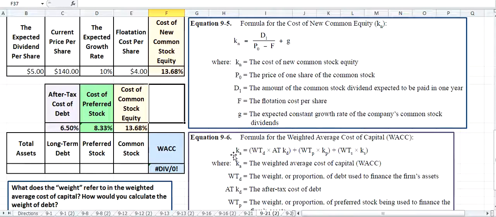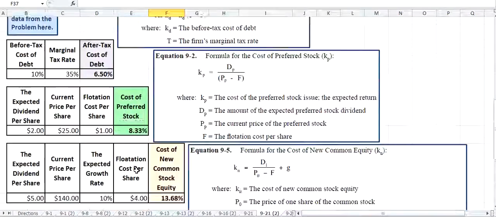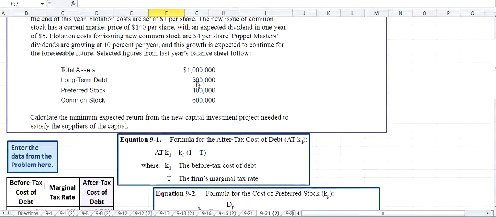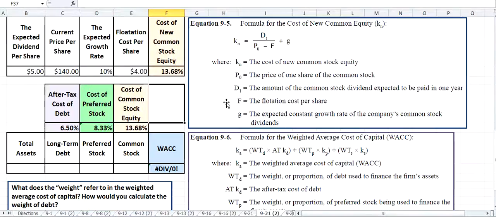In order to calculate weights, we need to know what our total assets are and what our long-term debt, our preferred stock, and our common stock are in actual dollar amounts right here. I've got the formula set up where that's going to divide and give us our percentages or our weights for each one. So let's just plug those in.